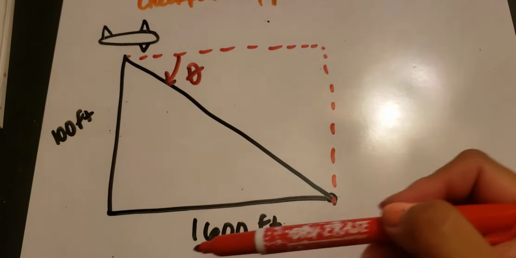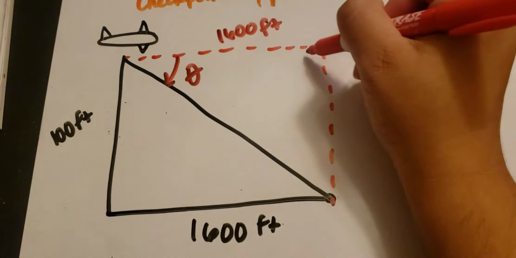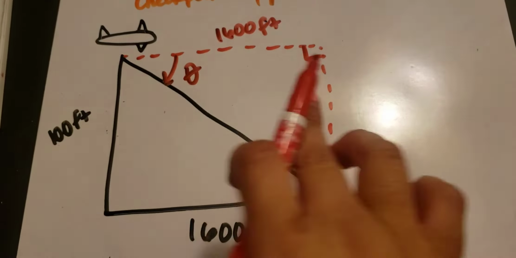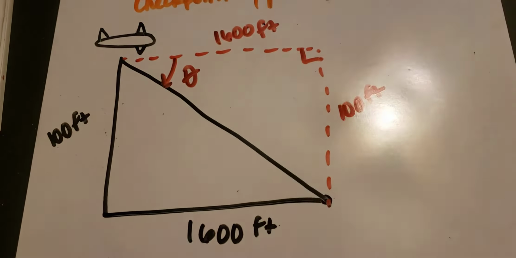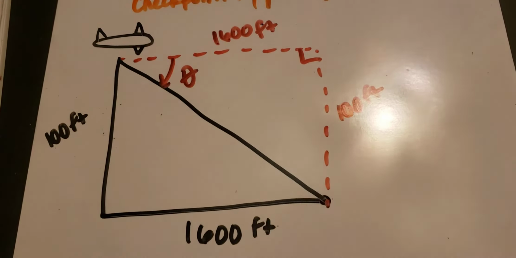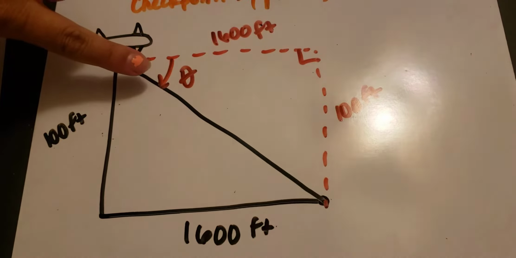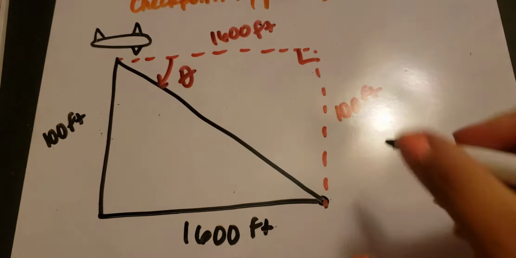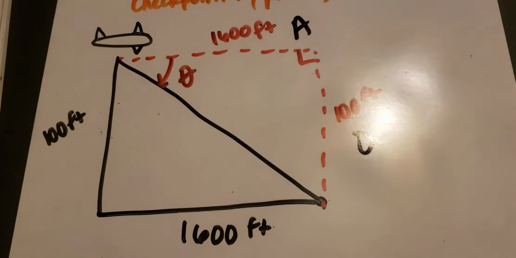Now 1600 feet can also be written above, and then of course we're working with the right triangle, and 100 feet can also be written this way. So I can basically just label my sides this way. If this is my angle of reference, I have the opposite side and the adjacent side, so I'm going to work with tangent.